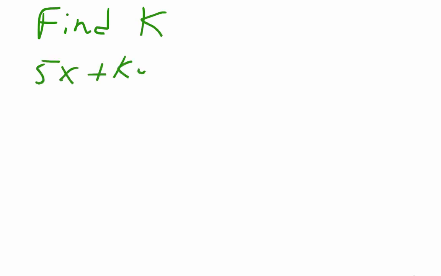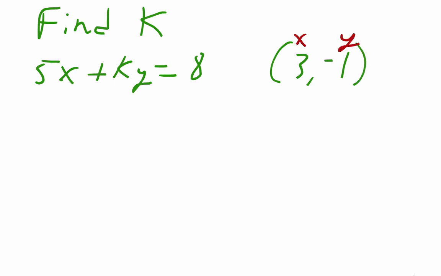And my last example would be to find k in this equation: 5x plus ky equals 8. And I'm given a point of 3, negative 1. Once again, this is x, this is y, so I can substitute those numbers in for my x and y in my equation and then solve for k.